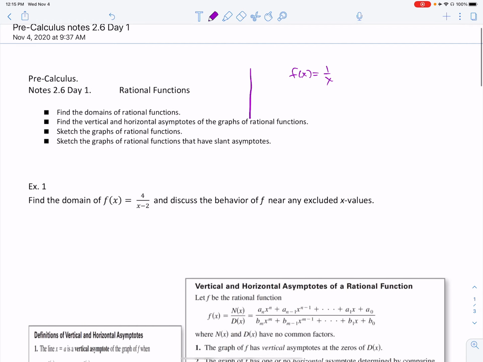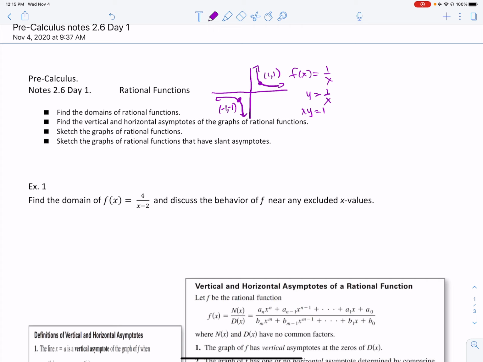I don't know if you recall what that looks like, but it looks something like this, where we have vertices of 1, 1, and negative 1, negative 1. Basically, if I think of this as y is equal to 1 over x and I multiply by x, it's products of two numbers, that is 1.